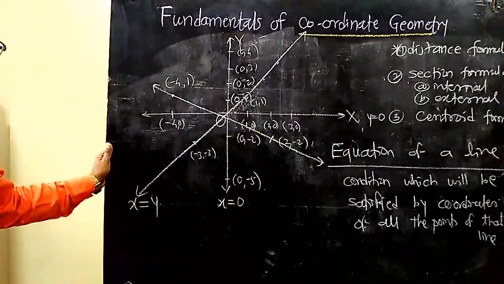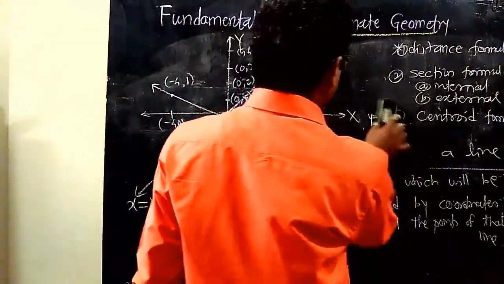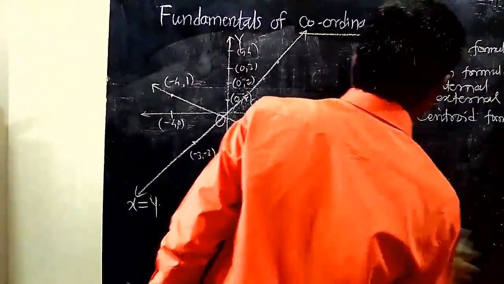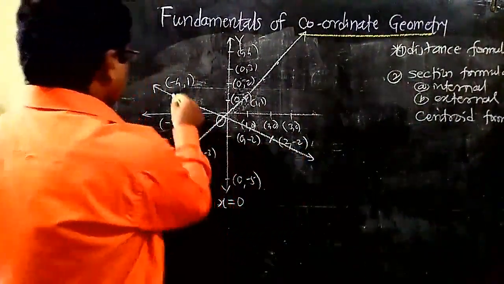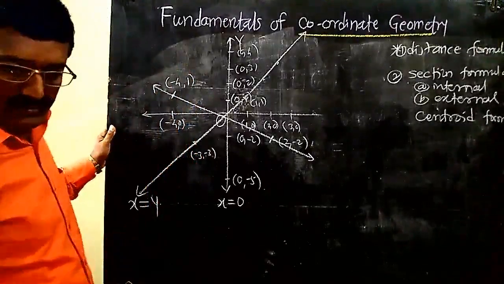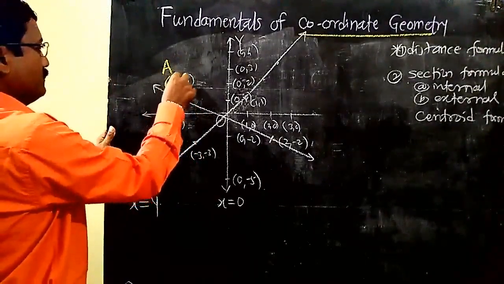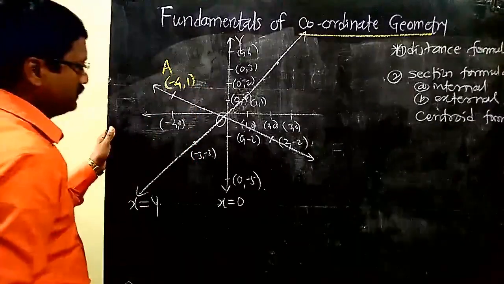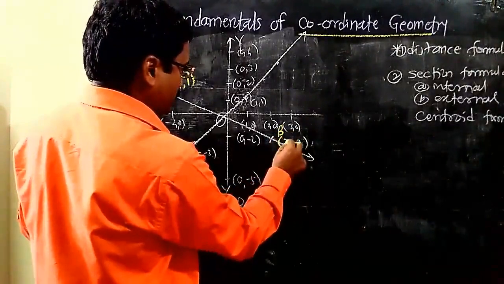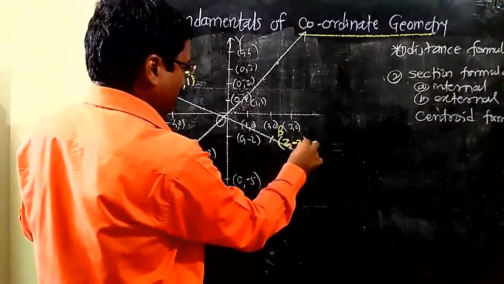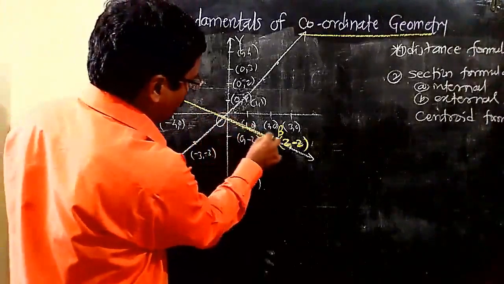I will get the equation of the line using the section formula that we are going to see here. The points are these: A is minus 4, 1, and point B is 2, minus 2. And we have to find the equation of the line joining these 2 points.